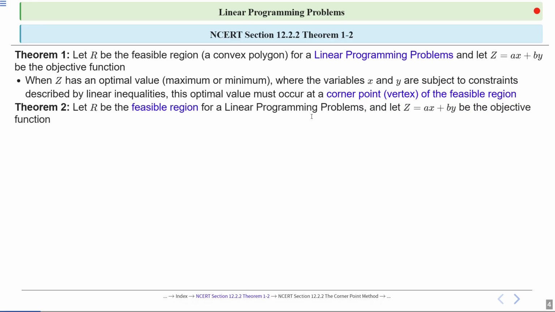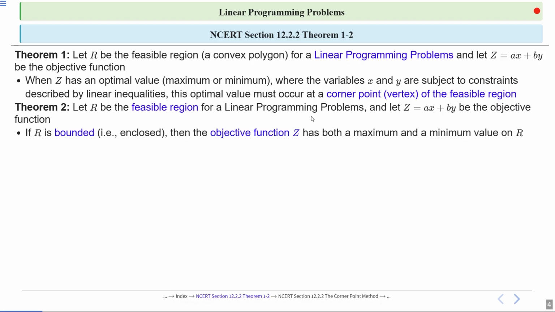Then let's see theorem 2. Theorem 2 states that for a linear programming problem, the feasible region R is defined by constraints and the objective function Z equals ax plus by is a linear expression to be optimized. So the theorem says: let R be the feasible region for a linear programming problem and let Z equals ax plus by be the objective function.